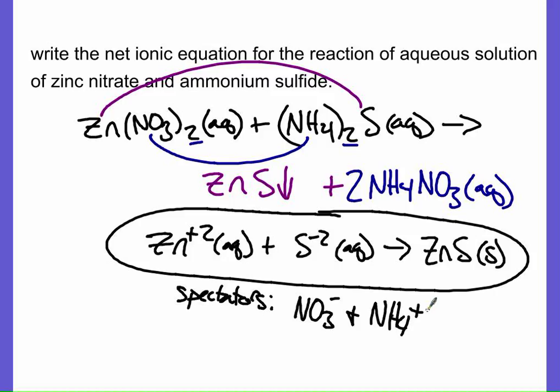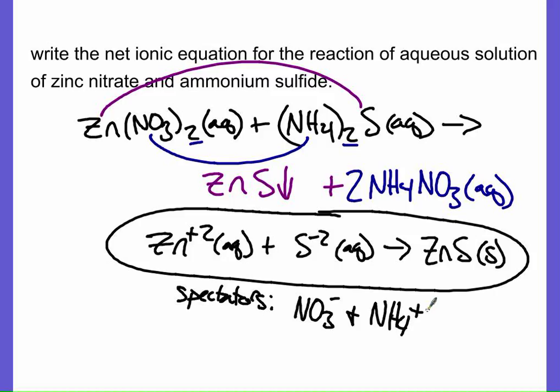They didn't go through a change. I don't need to put them in my net ionic equation, but I might still be asked to identify them. So you're going to do lots of examples of that on a worksheet, just to get used to the idea. You can ionize those things before to see the different ions, but if you can flip-flop and you can balance things appropriately, it should be okay at the end of the day.